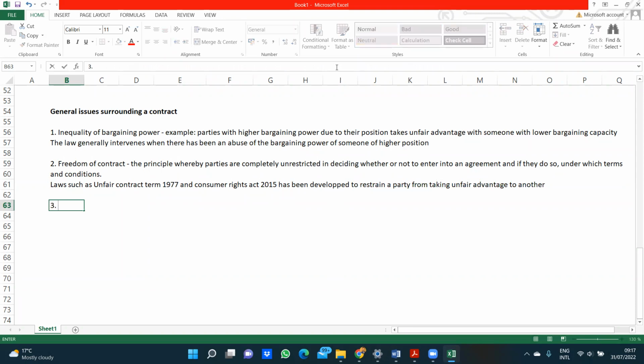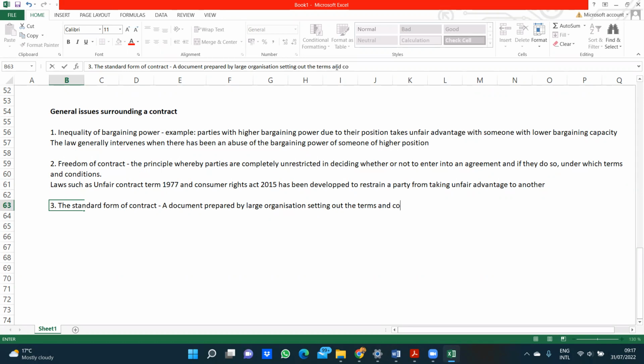Third, the standard form of contract. This is generally a document prepared by large organizations setting out the terms and conditions under their customs.